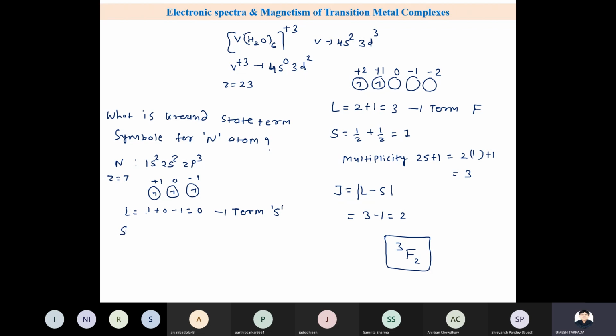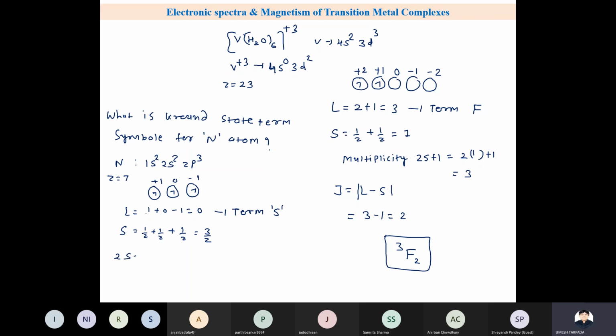What about S value? S value is 3/2: 1/2 plus 1/2 plus 1/2, 3 odd electrons. So it's 3/2.